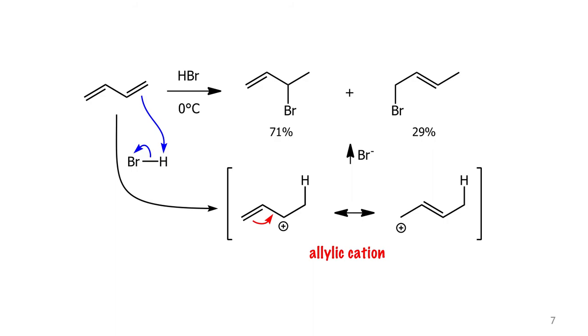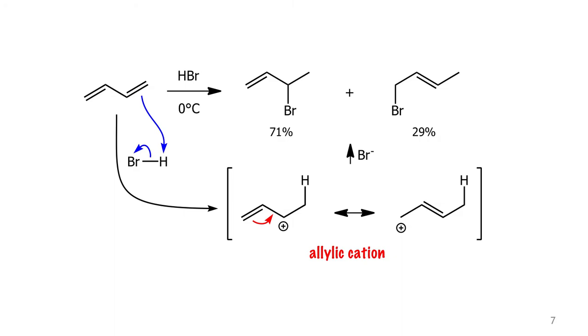Now, you might also say, well, why are we getting more of this product than that one? If we go back and look at these resonance contributors, we would not rank them equally. We wouldn't say that our hybrid picture is exactly half this and half that.